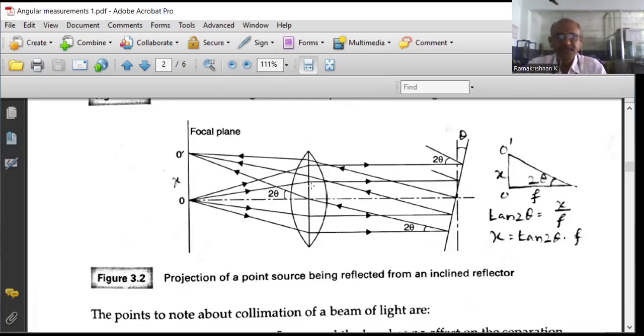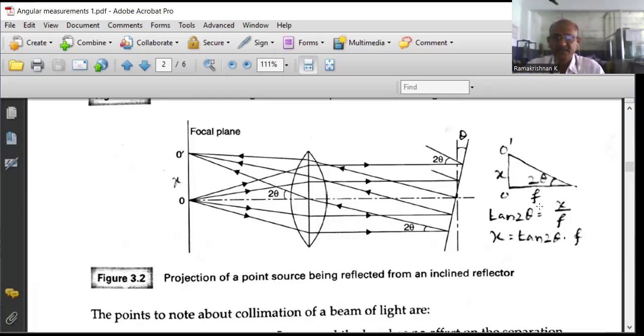By trigonometry, we can form the triangle with O dash, O, and the center of the collimating lens. The angle is 2 theta and the focal length is f.